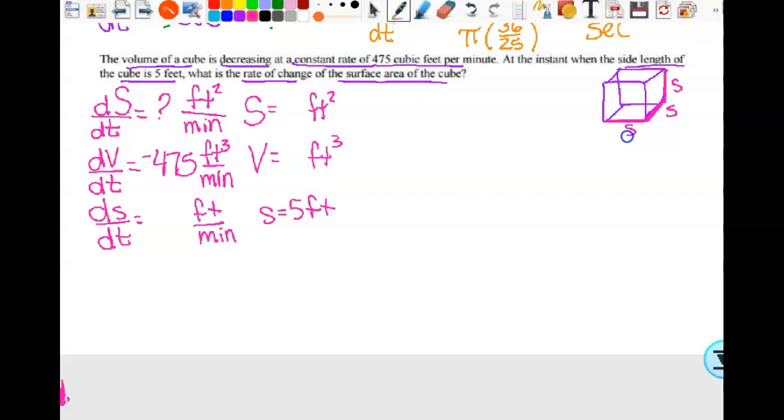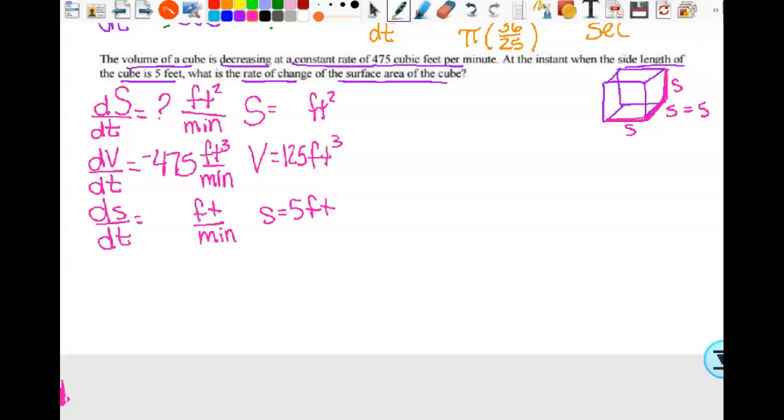Volume is just length times width times height, right? s times s times s. And s is actually equal to 5. So what's 5 times 5 times 5? 125. So I can put a 125 in here. Maybe I need that, maybe I don't, but I can find it, right?